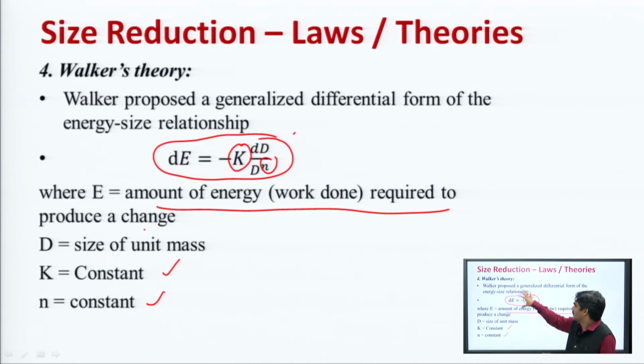With the help of this theory, this is a differential form of energy size relationships. These theories are applicable for the size reduction process, or we can say the energy size relationship.